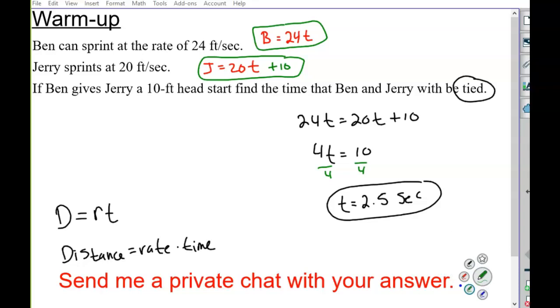to become tied? Well, now that we know the time, you can pick either Ben's equation or Jerry's and figure out what the distance is at 2.5, which is saying, let's just take 24, double it. I think that's 48, 60, I believe.